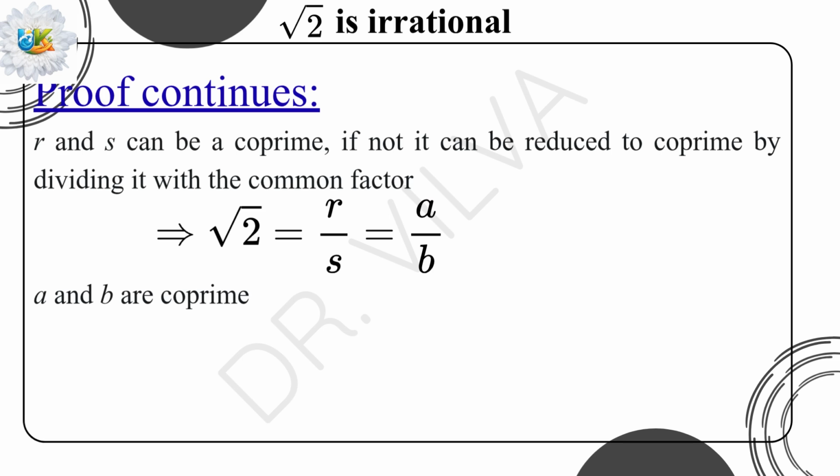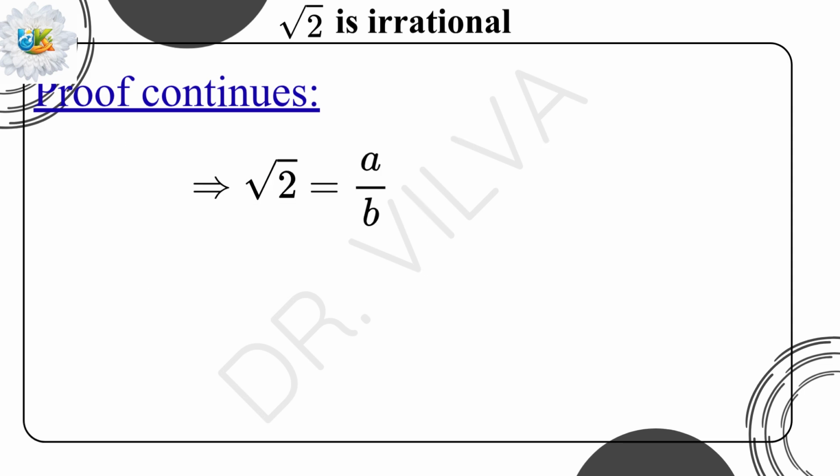If they aren't co-prime, we can simply cancel out the common factors until we reduce the fraction to the simplest form a by b. At this stage, a and b are co-prime, meaning they share no common factors other than 1. So, we have square root 2 is equal to a by b.